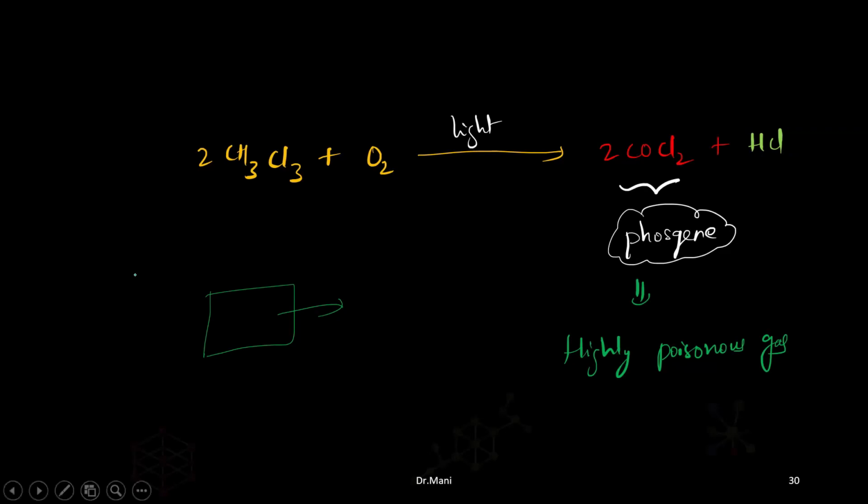Whoever is present in that area will be highly affected by the poisonous gas. That's how so many accidents used to happen in chemical factories. So this phosgene will be released, and that's why they safely put it in containers and tightly pack it. Understood?